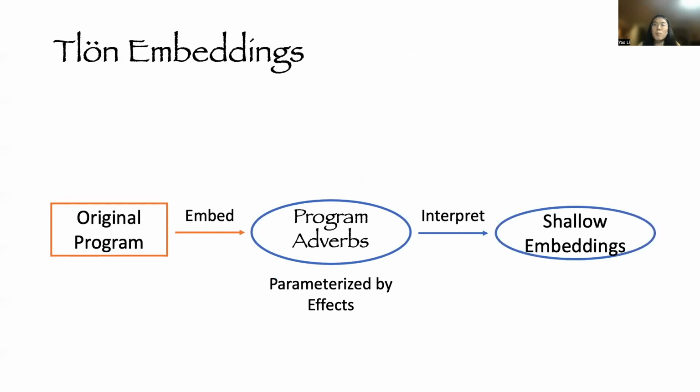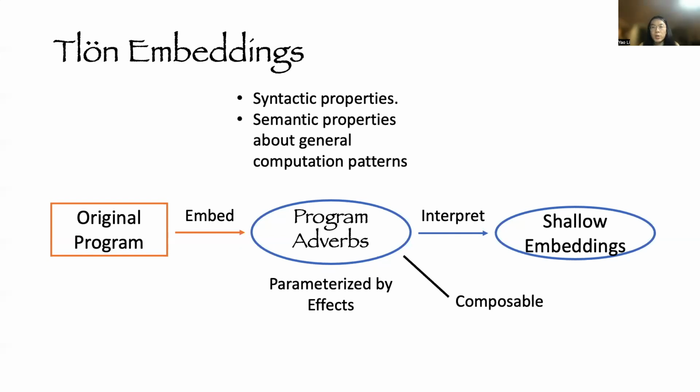They model some common computation patterns, and they are composable, enabling composing computation patterns as needed according to the original language. Program adverbs can be used to reason about syntactic properties, as well as semantic properties about general computation patterns. And they can also be used to reason about semantic properties via an interpretation to shallow embeddings.